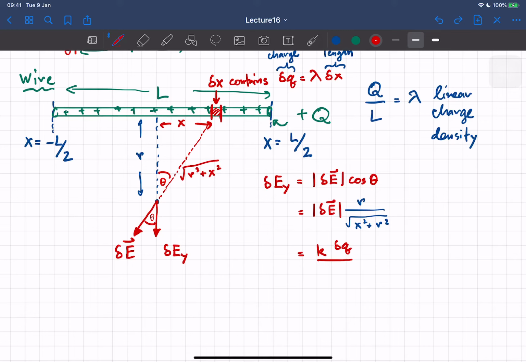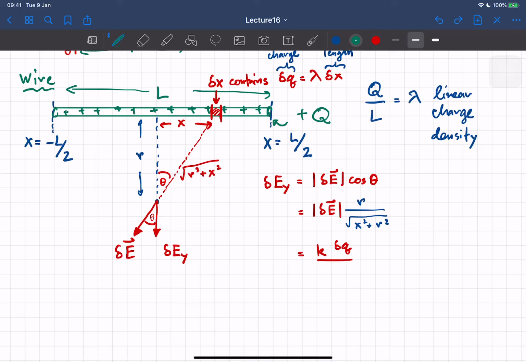The r squared in the electric field formula is the distance from the charge to the point that we are trying to calculate, squared. So it's actually this distance squared. Sometimes I'm a little sloppy in saying r in the formula is the distance, but we also use r for a different reason. So just be careful about that and think about what it means.